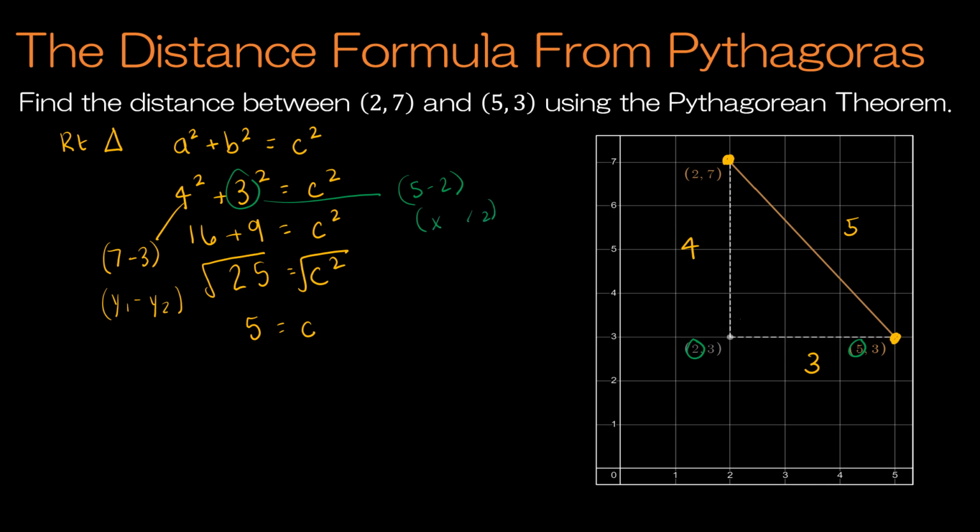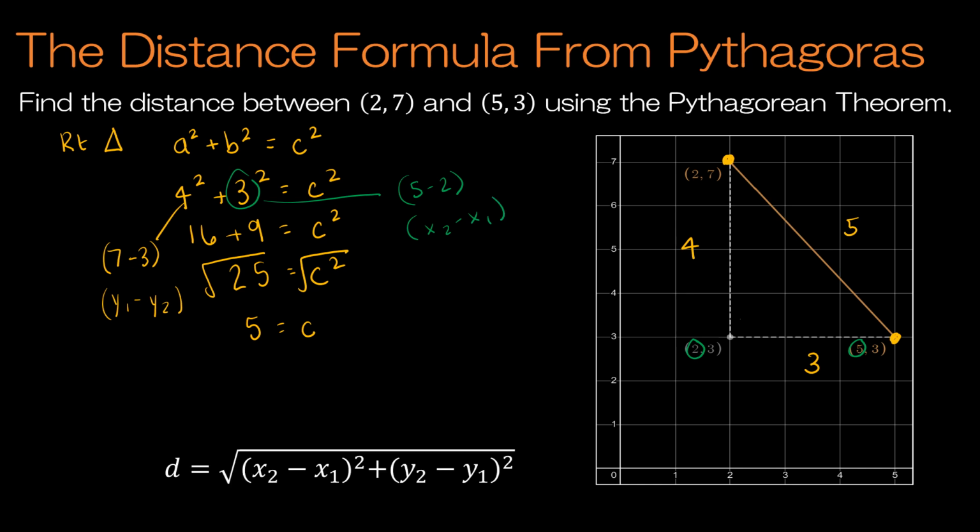And I actually did this one in the opposite order. This was actually x2 minus x1 to make it positive. But what we can see is using the same idea that we have from the Pythagorean theorem, which we're all very familiar with, we can just replace it with finding the difference of the y values and finding the difference of the x values.